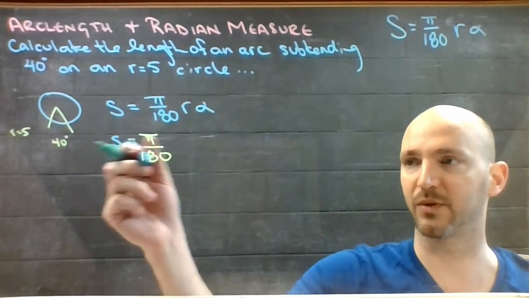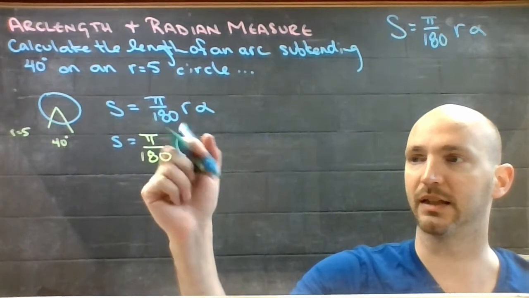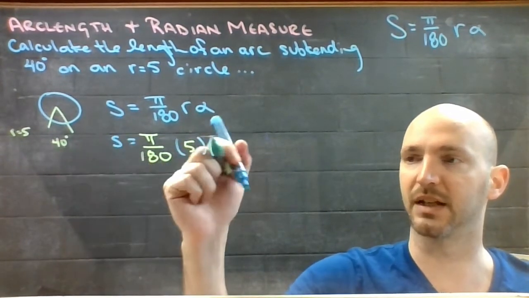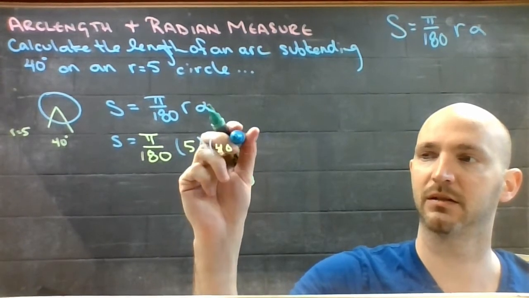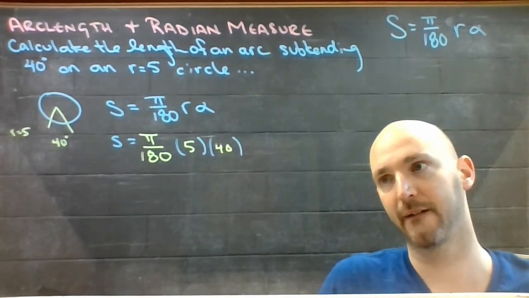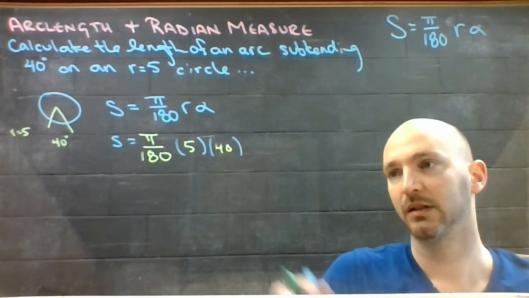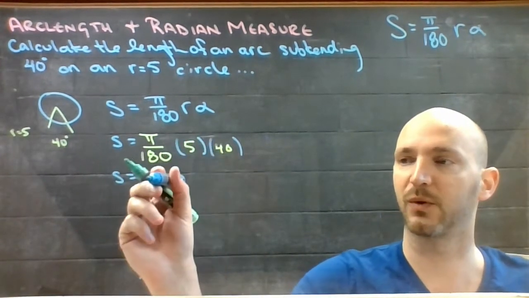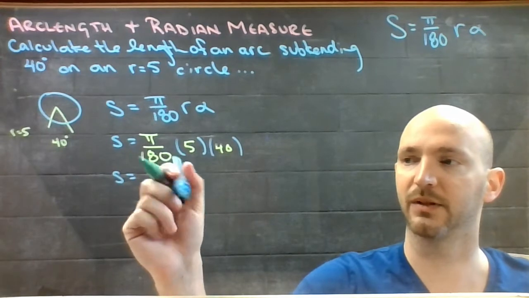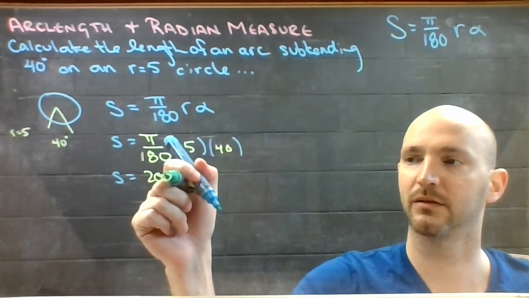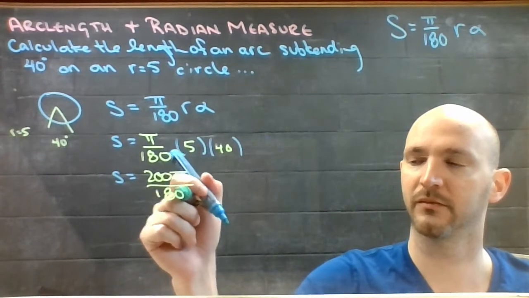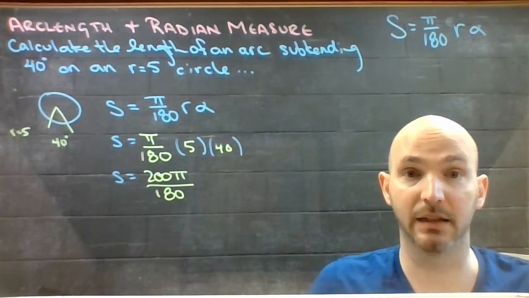The radius of this particular circle is 5. And the angle I'm subtending is 40. So I get all that in there. Right. 5 times 40 is 200 pi's over 180. So I'm done at this point.